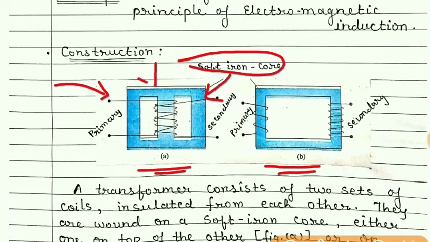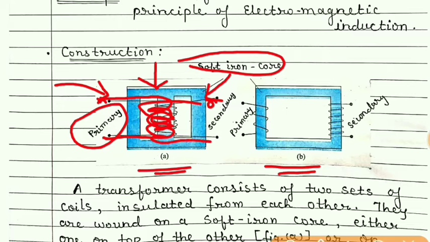This blue color material is made up of soft iron, and an insulated wire is wound over this soft iron. This coil is called a primary coil, and another winding is made from another side, and that coil is called a secondary coil. Same thing you can see here also.